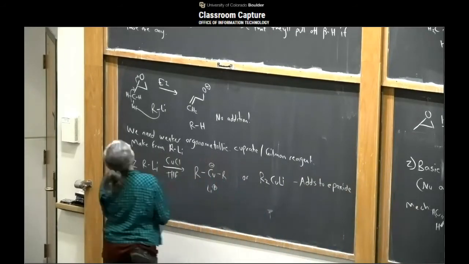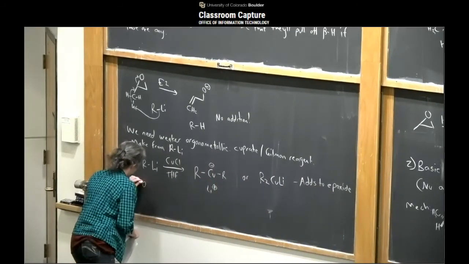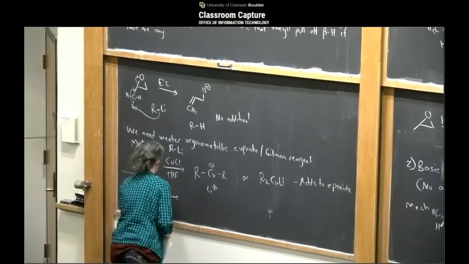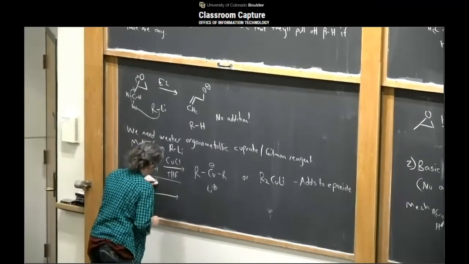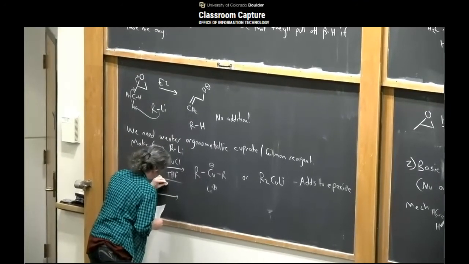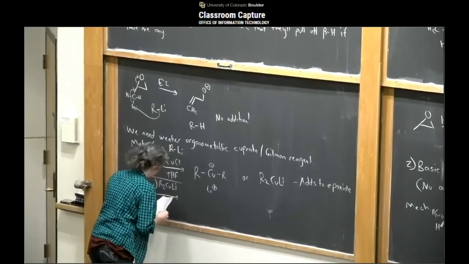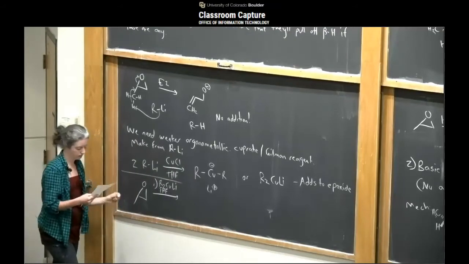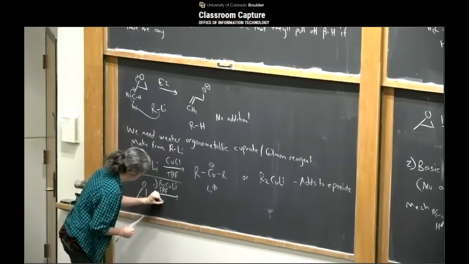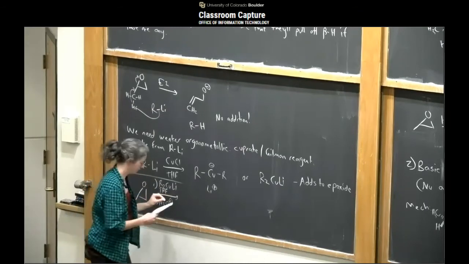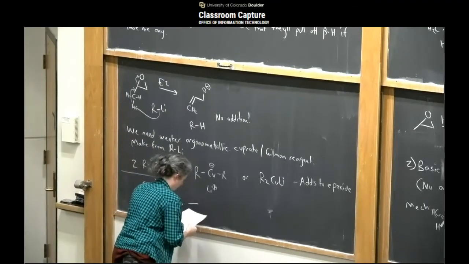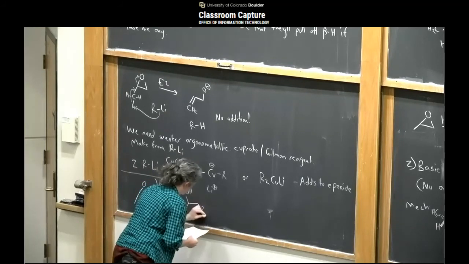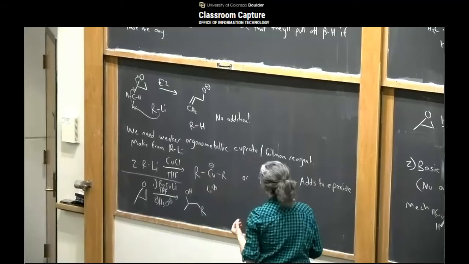So if I do, again, this molecule with R2CuLi, and then THF solvent or ether is fine, and then again a water workup, then I am going to get a nice, well-behaved R group stuck on right where I want it.